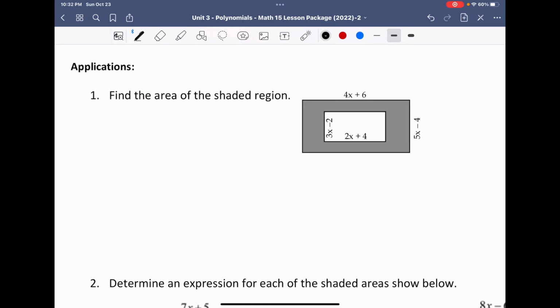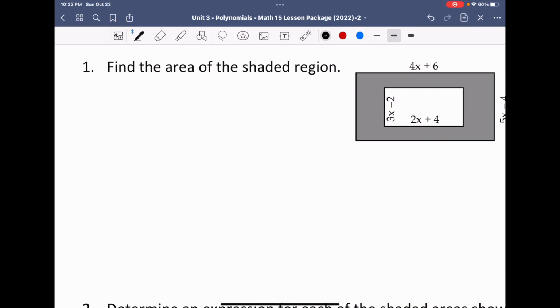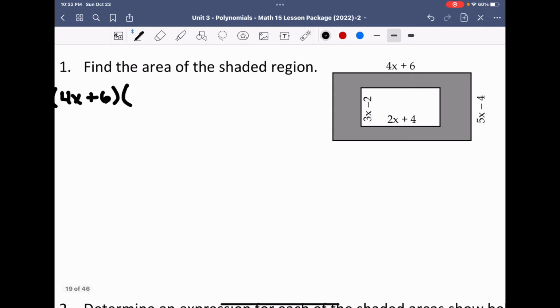just the shaded region. So what I'm going to do is take the outer length and width, or the one that described the entire square, which is the area is 4x plus 6 times the width of 5x minus 4. Well, we want to subtract away that inside square because we only want the shaded region.